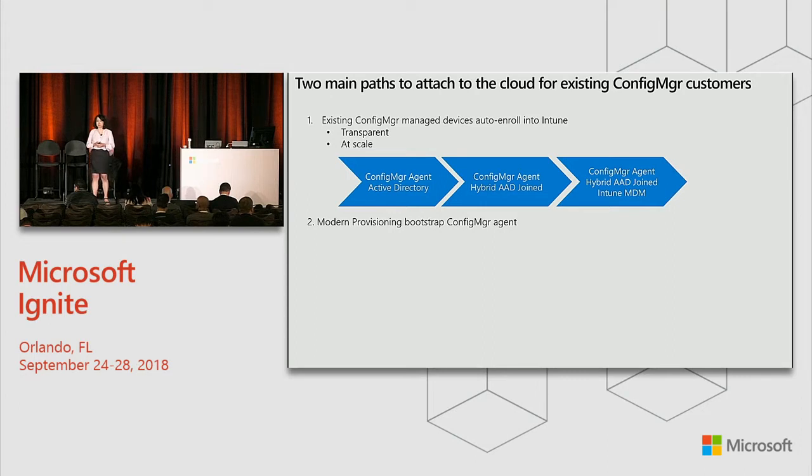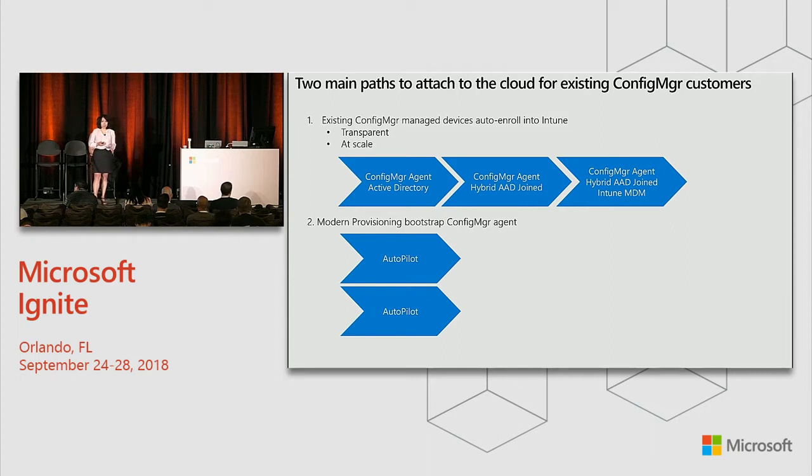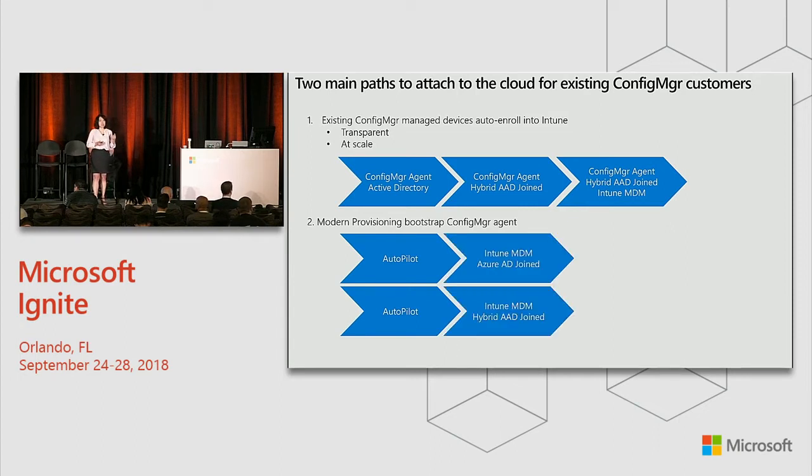And the second path, Tristan just talked about modern provisioning. After the device gets through the Autopilot process, you choose the device to be either Azure AD joined or hybrid Azure AD joined, depending on the needs of your organization. Some of you still use group policy, so it makes sense for a device to still be on-prem in the Active Directory. So that's your choice.